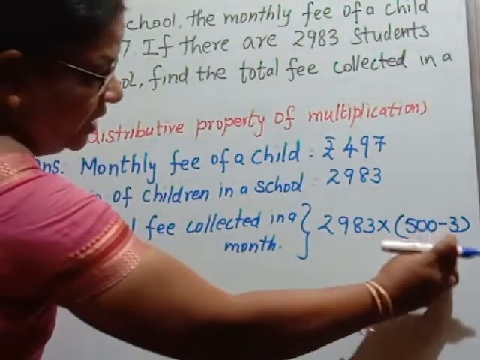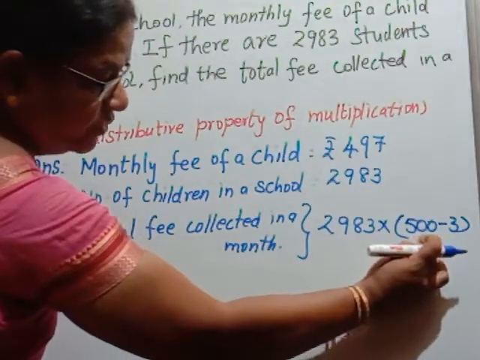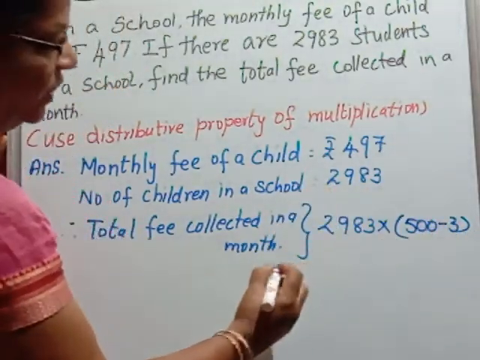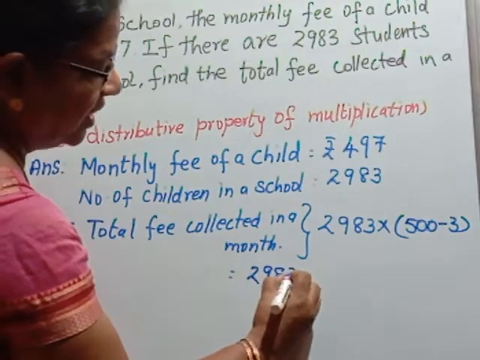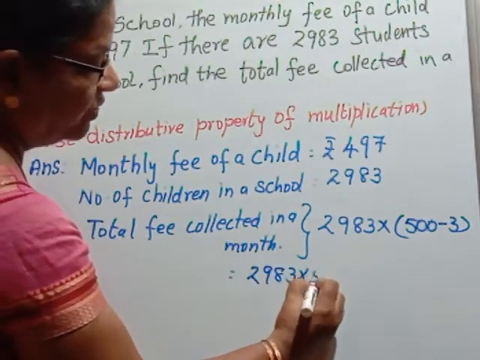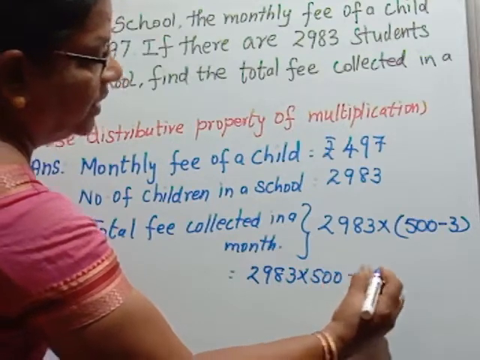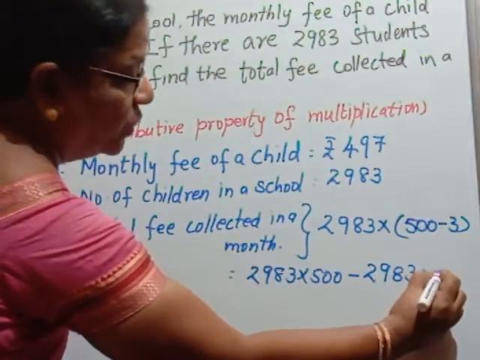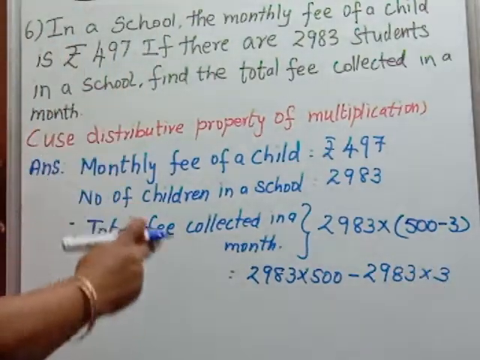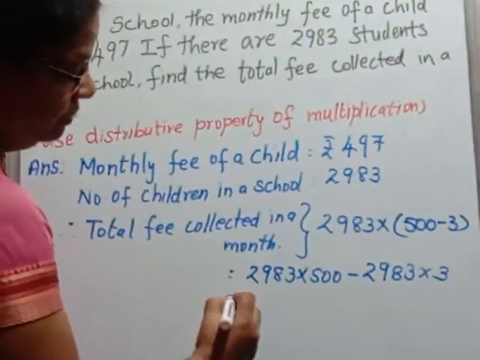We are distributing. 497 is equal to 500 minus 3. Now we are going to multiply this number. 2,983 into 500 minus 2,983 into 3. This is the way to distribute the numbers.